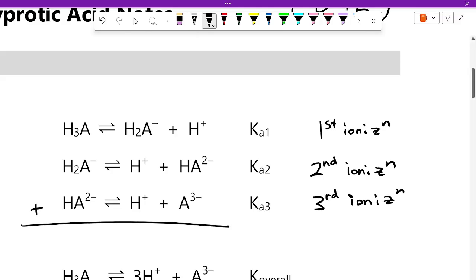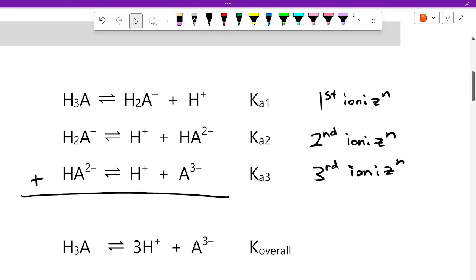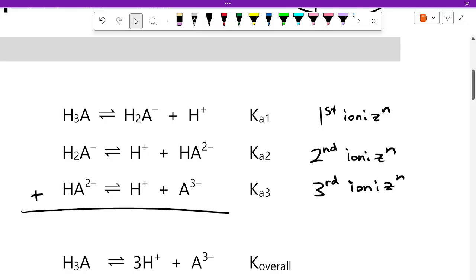Now, if we were to combine these three, the K value for the overall reaction, do you remember how we deal with the individual Ks to get an overall K? When we add them up, okay. Do we remember? I think you remember. We multiply them.